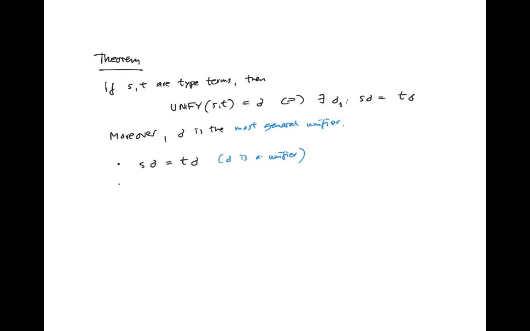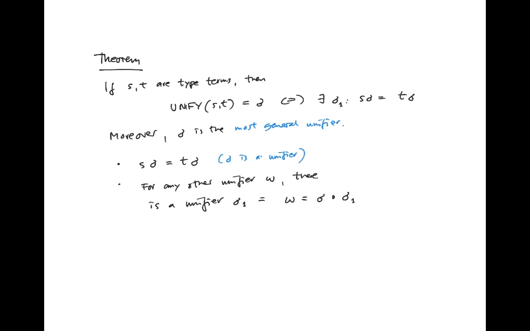The interesting part is that for any other unifier, say omega, there is a unifier sigma 1 such that the other unifier omega can be found by taking sigma and then composing it with sigma 1.